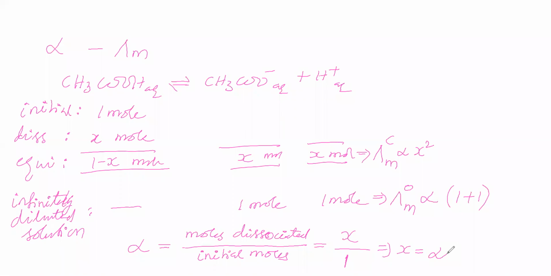Now we will substitute. We got x is equal to alpha. We got lambda m at a given concentration is directly proportional to x, and lambda m naught at infinite dilution, at zero concentration, is directly proportional to 2 moles of ions.